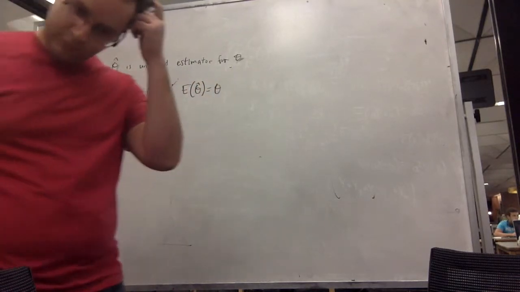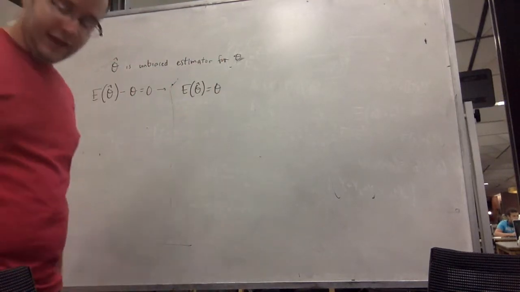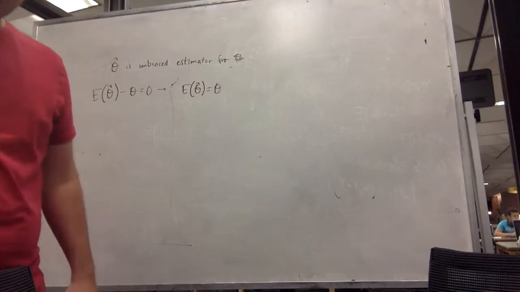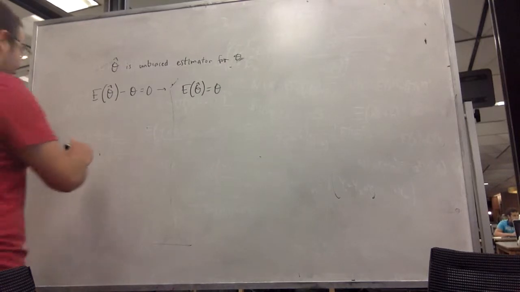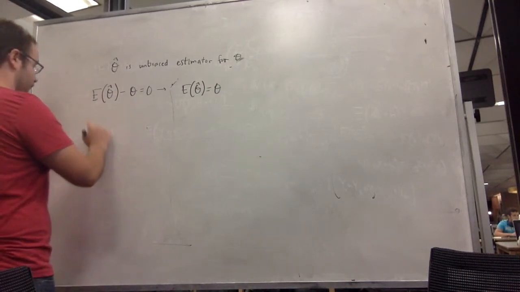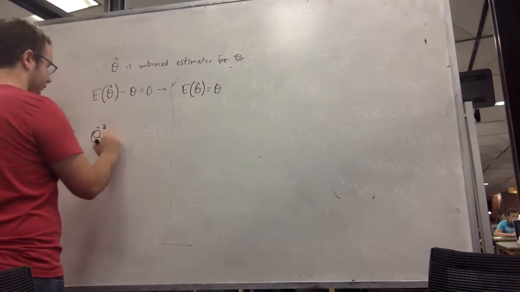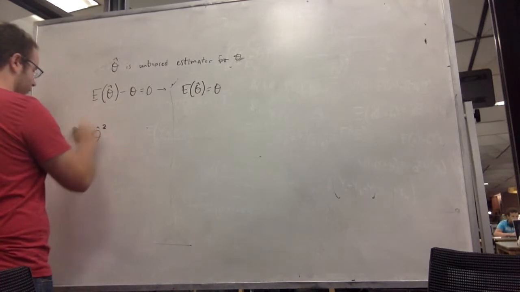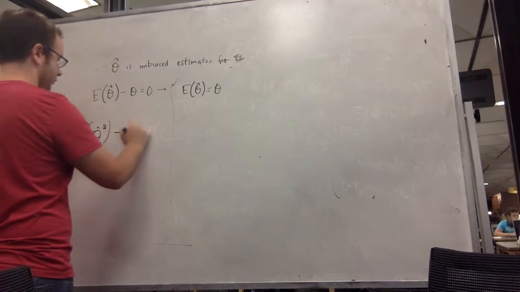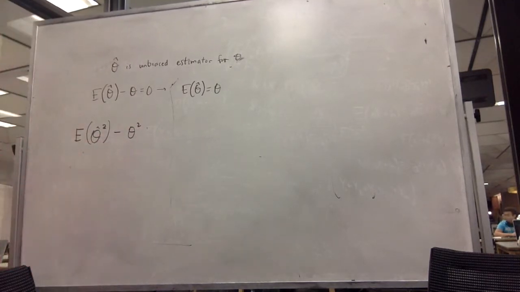And the variance of theta hat is positive. Show that theta hat squared is not an unbiased estimator for theta squared, okay? Theta hat squared. We want to examine this.